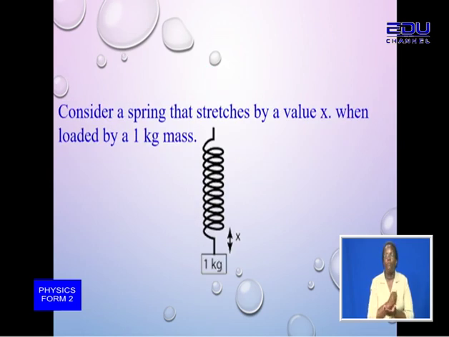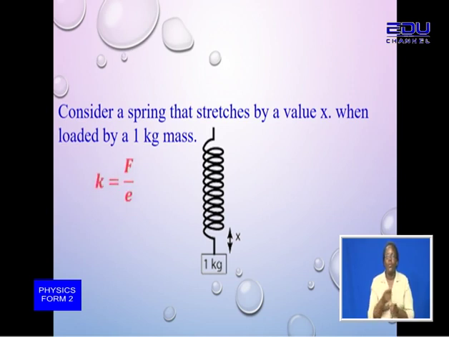Okay, so consider a spring that stretches by a value x when loaded by a 1 kilogram mass. So you have a spring, you can see the diagram. It stretches by a value x when a 1 kilogram mass has been placed on it.